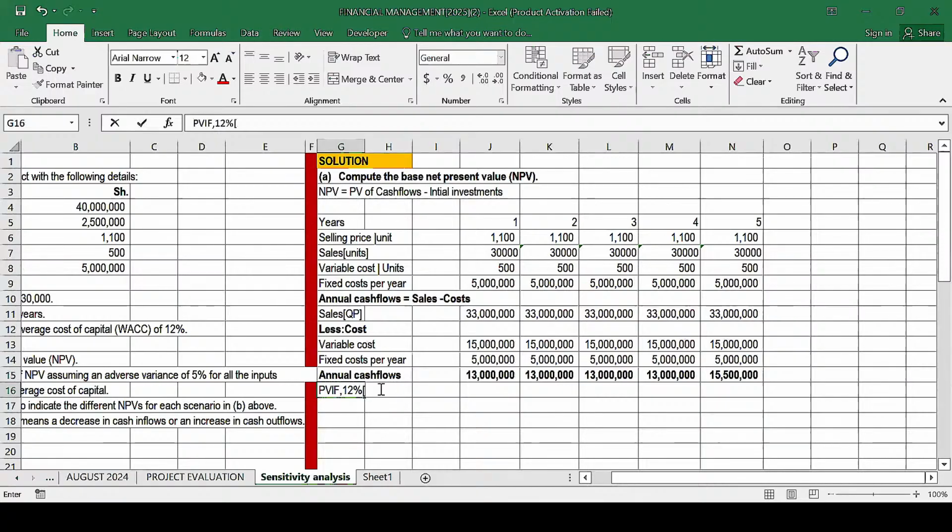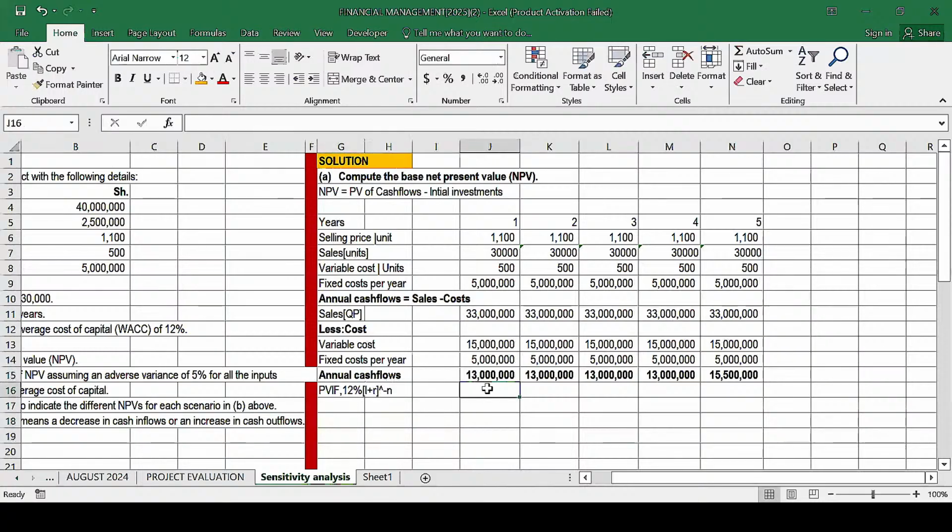It will be 1 plus small r, and basically we raise that to power negative n, small n, using Shift 6 for the power. So that is basically the formula you need to recall.